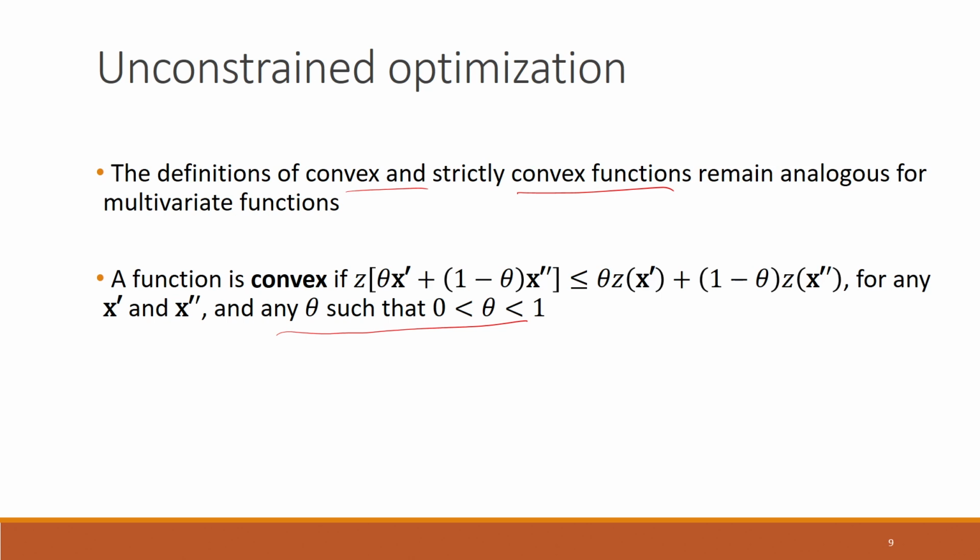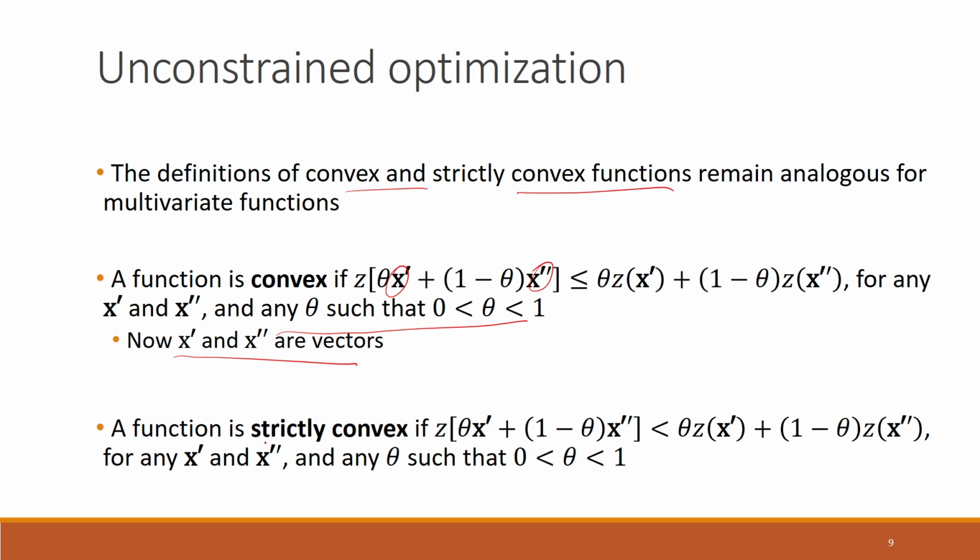So again it is the same. The only difference here is that now x dash and x double dash are vectors. Previously these were single variables x1 and x2, but now these are vectors. Otherwise mathematically the condition is the same.